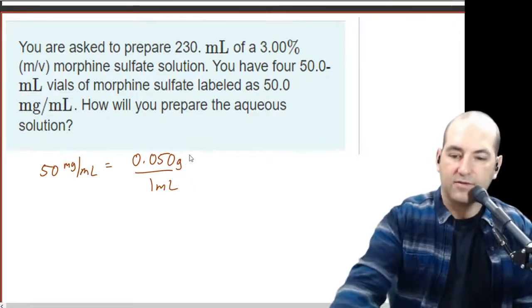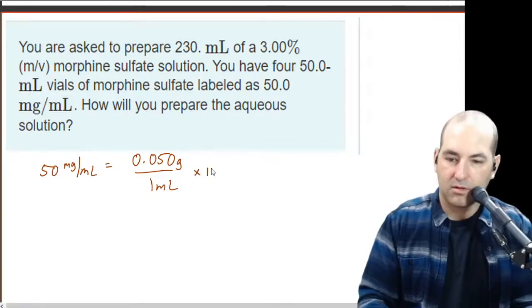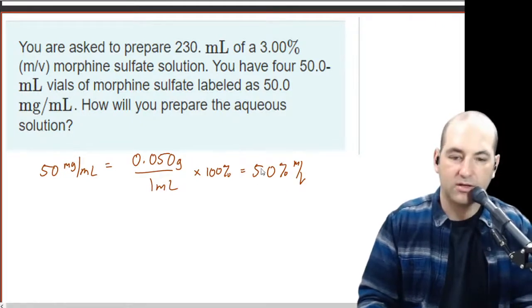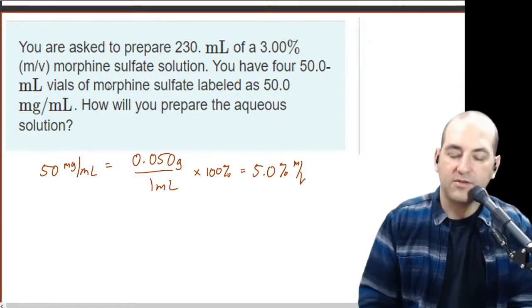So 0.050 grams per milliliter times 100% is 5% mass by volume. Right, 0.05 divided by 1 is 5%. So you have these 50 milliliter vials of a 5% solution, and you want to make instead a 3% solution.